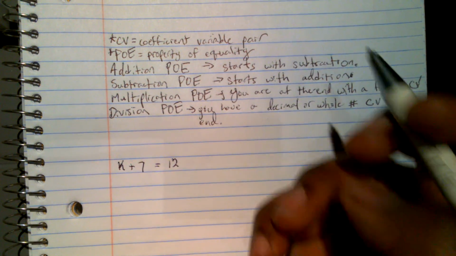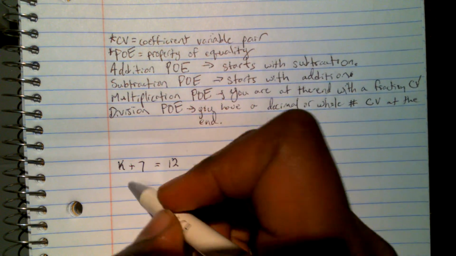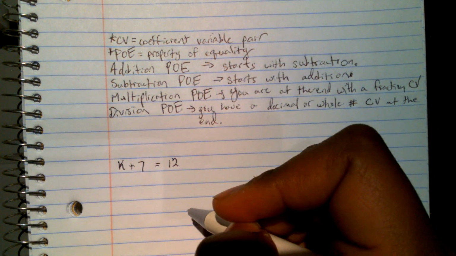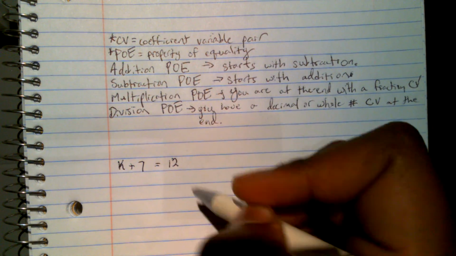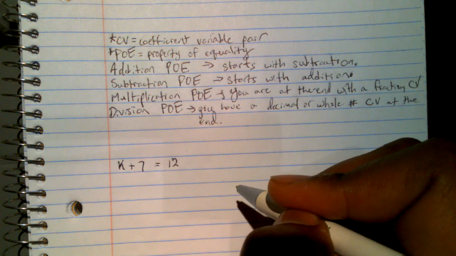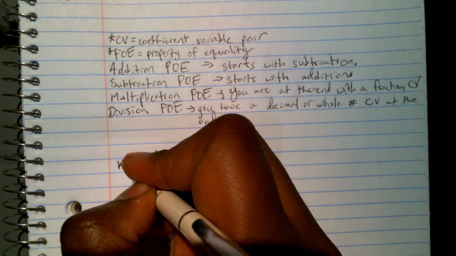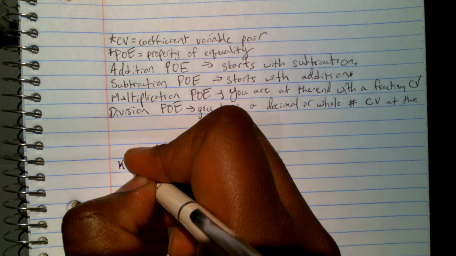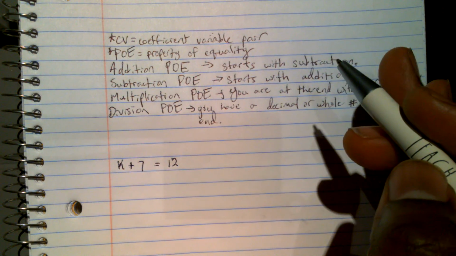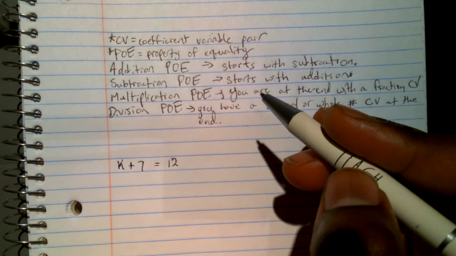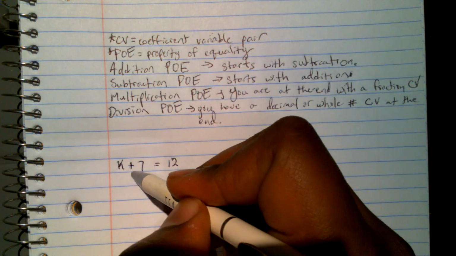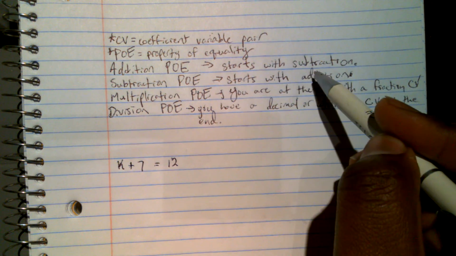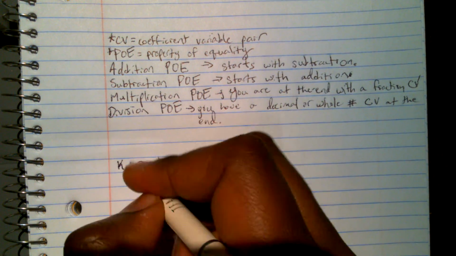By acting like this K is a box, we know that it's automatically 5. So, oh snap. It should have been K minus 7. But I'm going to go ahead and do the subtraction property of equality first so I won't mess up my paper. Since I'm starting with an addition sign, I'm going to subtract.